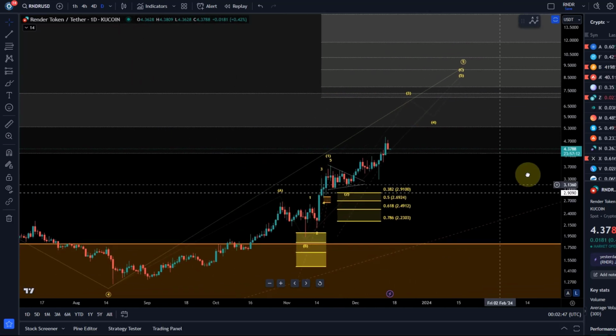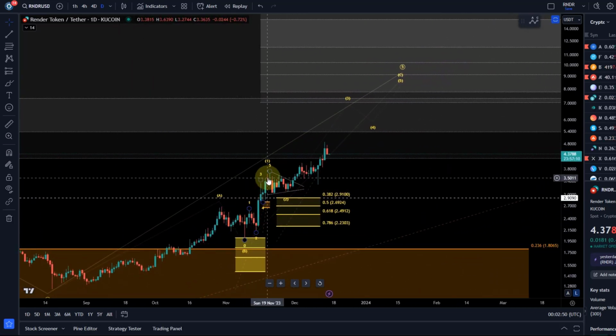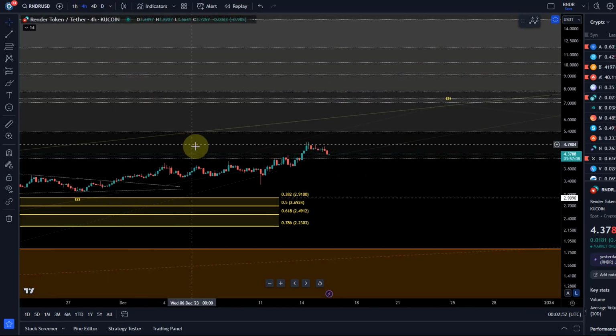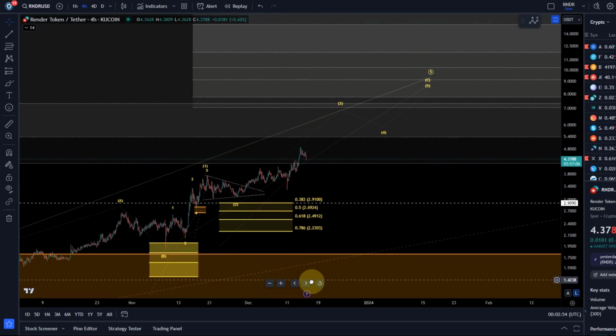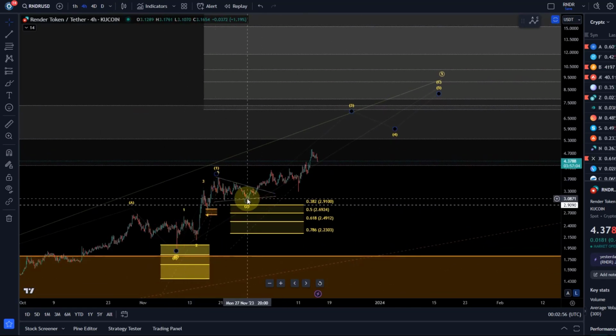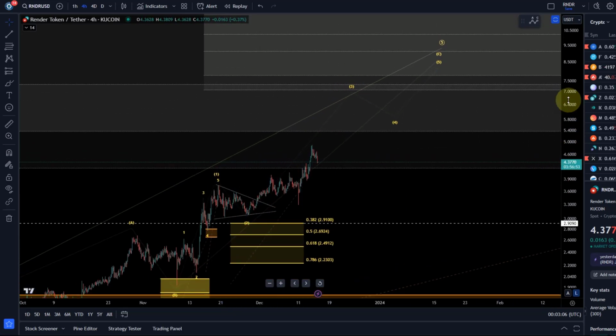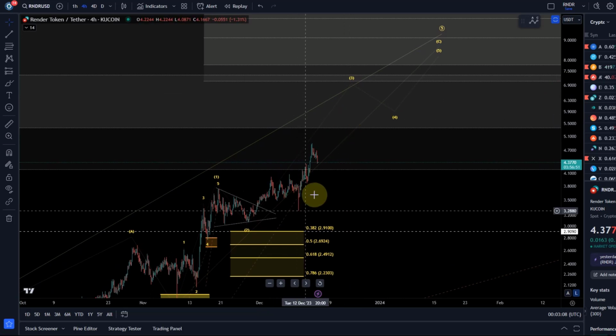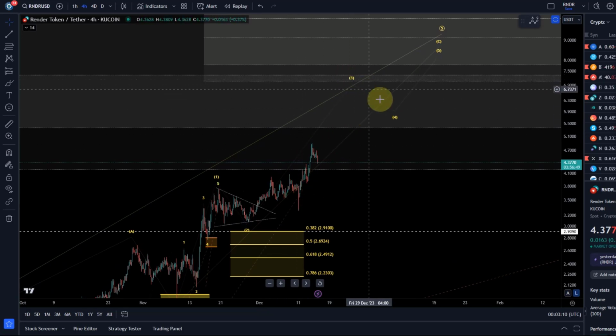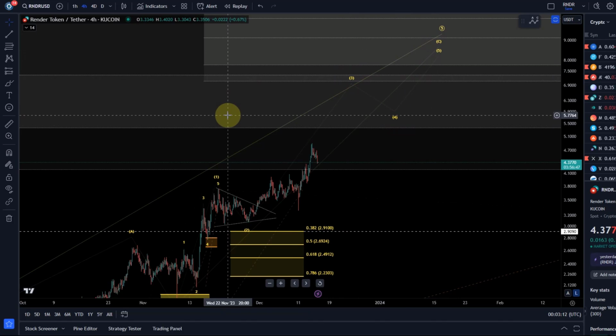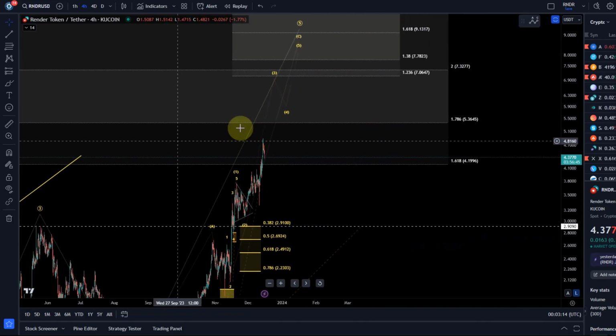It is likely and reasonable to assume, and that's also what our assumption was, that in this C wave, a first 1-2 setup formed end of November, and the wave 2 bottomed here around $3 roughly, and that we're now in this 3rd wave. That's not a very clear wave count, but it could be that we're now moving up here in this 3rd wave. Then we should get a 4 and a 5 still. So we're still moving higher.